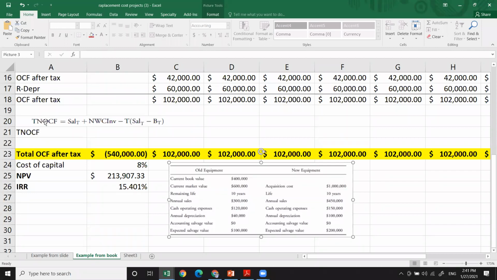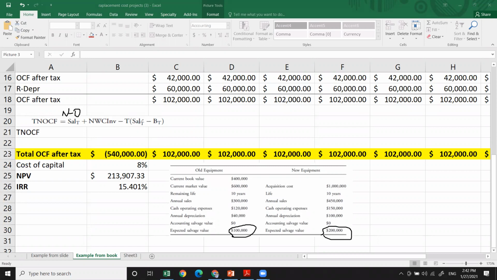However, we have a replacement, which means that we need to take the differences between old and the new. So salvage value of new minus old, net working capital is the same. So 200,000 minus 100,000. Net working capital and the salvage value and the book value.